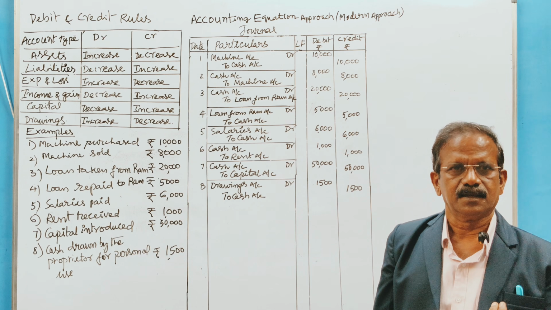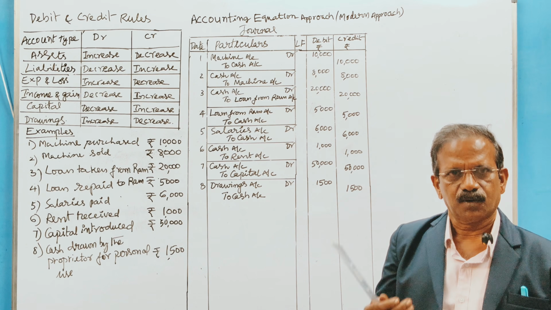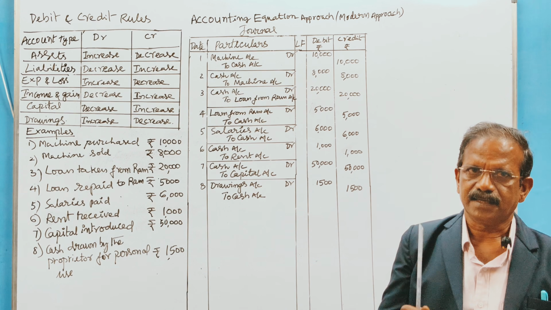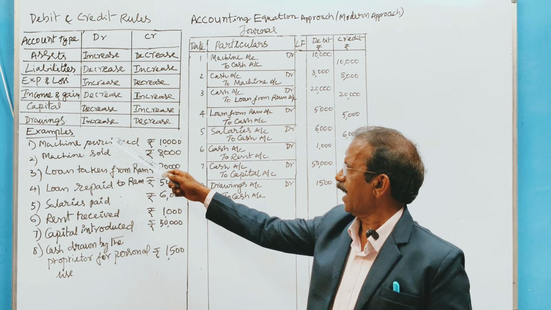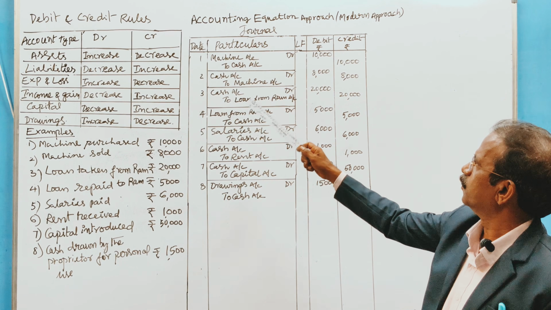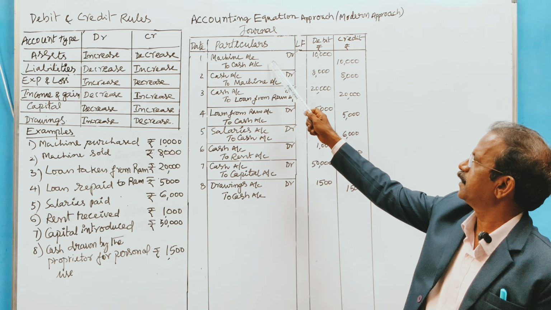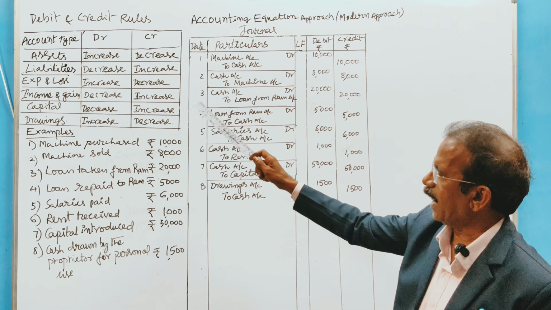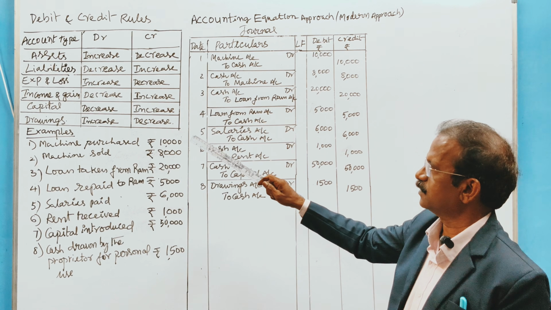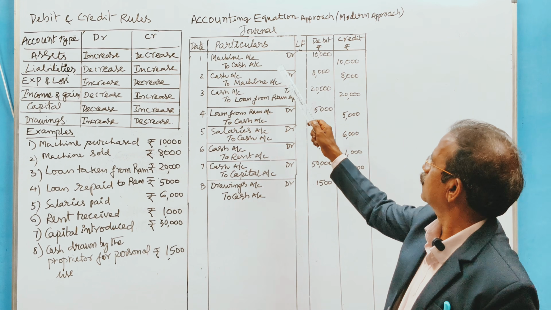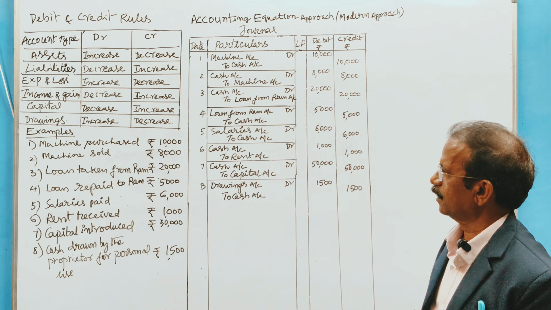Whatever is coming, that is increasing. Whatever is going, that is decreasing. Since machinery is coming, asset is increasing, so machinery account is debited. And cash is going out, that's why cash account is decreased, so cash account is credited.